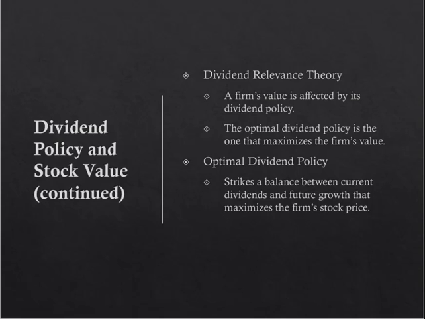The optimal dividend policy is the one that strikes a balance between current dividends, so paying out cash to current stockholders, and future growth that maximizes the firm's stock price, given the factors that we looked at a couple chapters ago, where you're looking at how to optimize the weighted average cost of capital relative to the investment opportunities that I have in the firm with projects and such. And so you're going to be looking at where those points cross over.